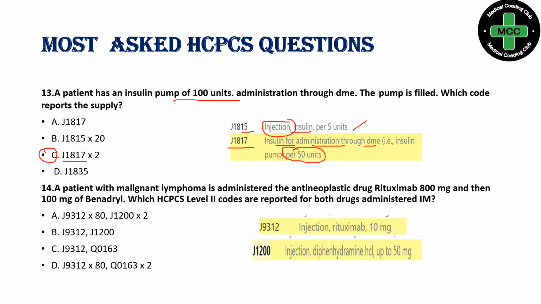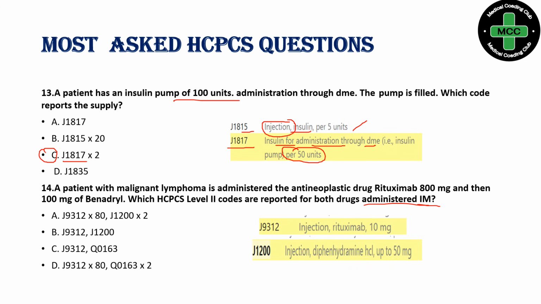Next, a patient with a malignant lymphoma is administered the anti-neoplastic drug rituximab and then a Benadryl. Which HCPCS level codes are reported for both the drugs administered intramuscular? Here both drugs are given through intramuscular only.